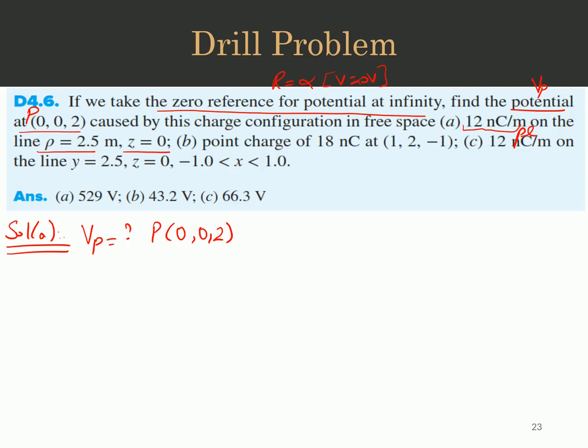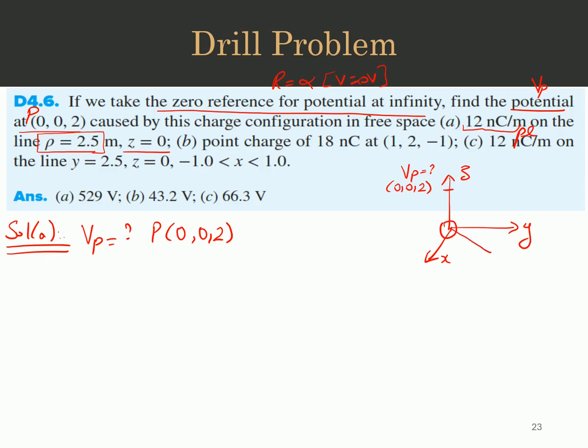When the line is given as rho, if we plot this in a cylindrical coordinate system, if you remember, this is x, y, and z, and this is the origin. For the cylindrical coordinate system, if the point is 0, 0, 2, this means z has a constant value and rho is at 2.5. So this is the point where we want to find V of P, but the origin point is at 2.5.